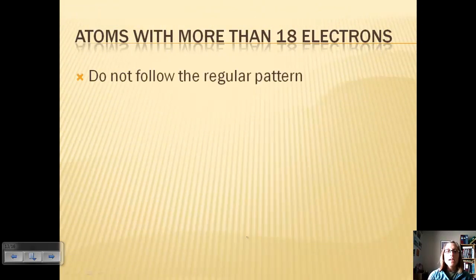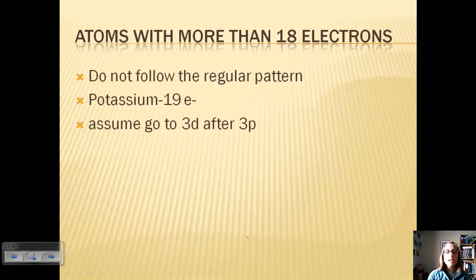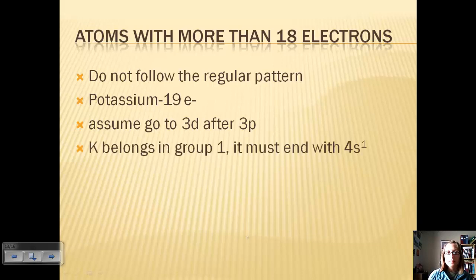Okay, so if we look at atoms with more than 18 electrons, they don't follow exactly the regular pattern, and that's the D part that I talked about at the beginning. And so let's look at potassium, which has 19 electrons. We would assume that we would go to 3D after 3P, because D is the next part. We're getting close to transition metals.